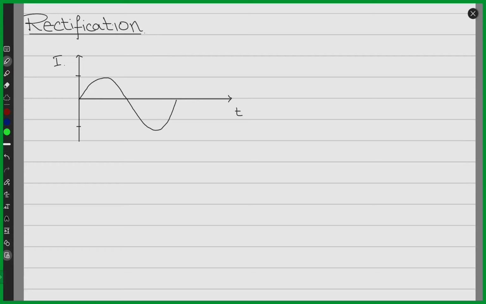Now, generally, if you have, for example, your r.m.s. coming from the main supply, let's say it's 220 volts, what would be the peak voltage for 220 volts? How do you compute that?